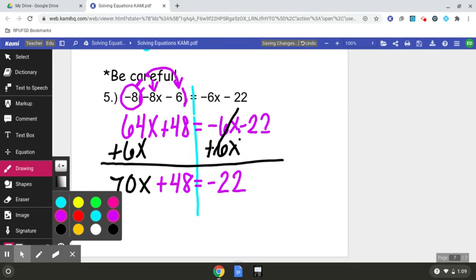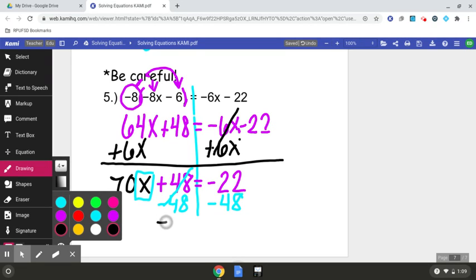Now I have a 2-step equation. This is what we worked on from the beginning. So I want to again solve for x. That's my goal. So I want to get rid of this plus 48 first. So I'm going to subtract 48 from both sides of my equation. So they'll cancel here.